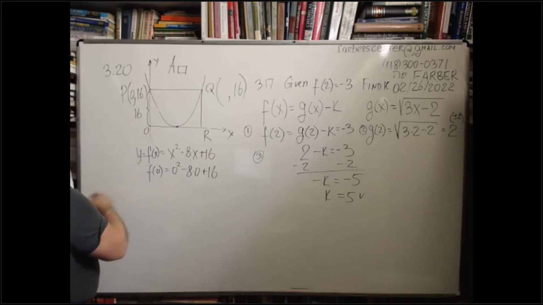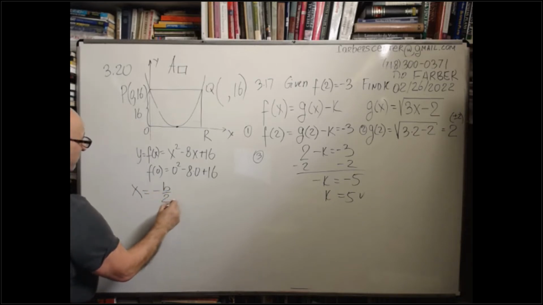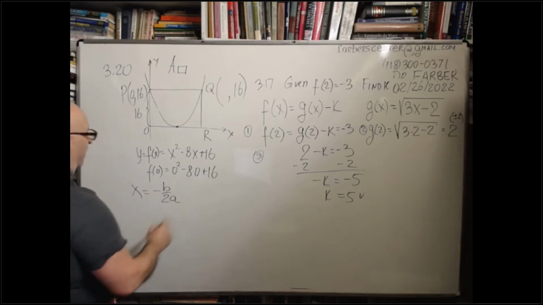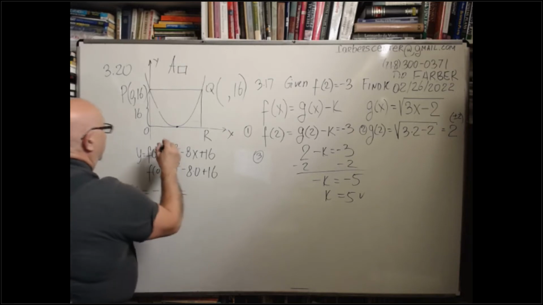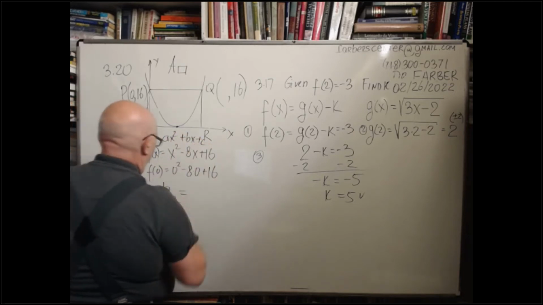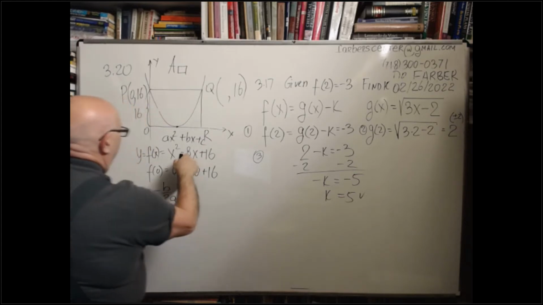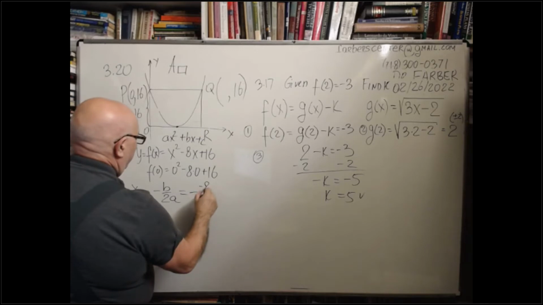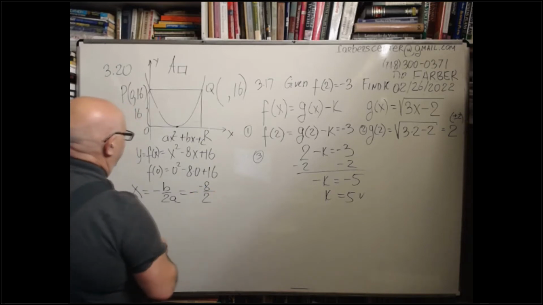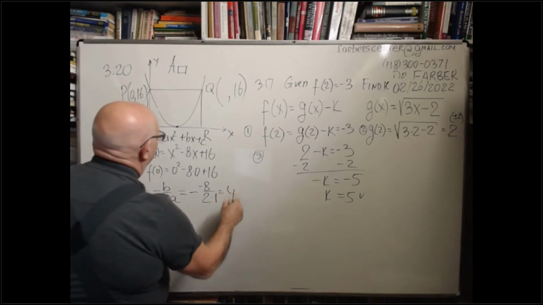For instance, how to find the apex? Well, it's x equals negative b over 2a. Remember? In our case, if it is ax squared plus bx plus c, then negative negative 8, divided by 2 times 1, which is 4.